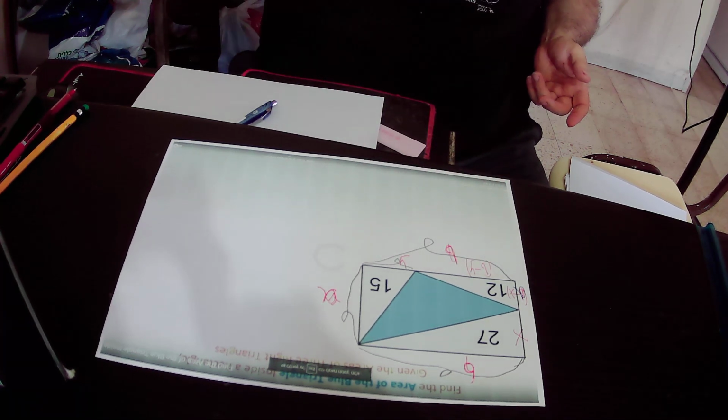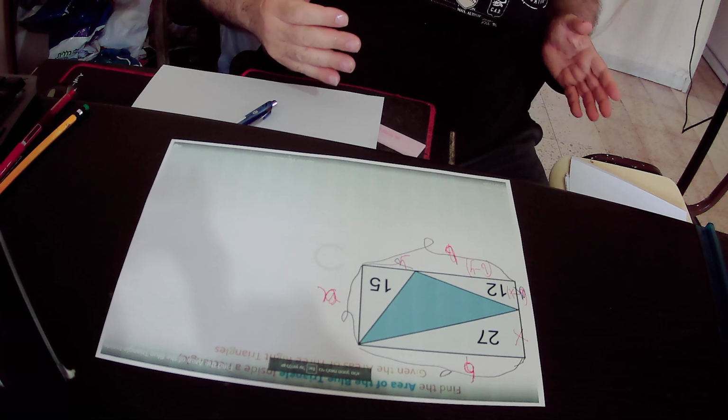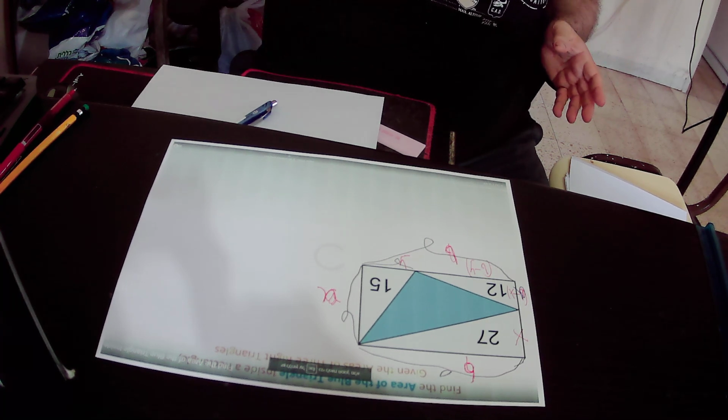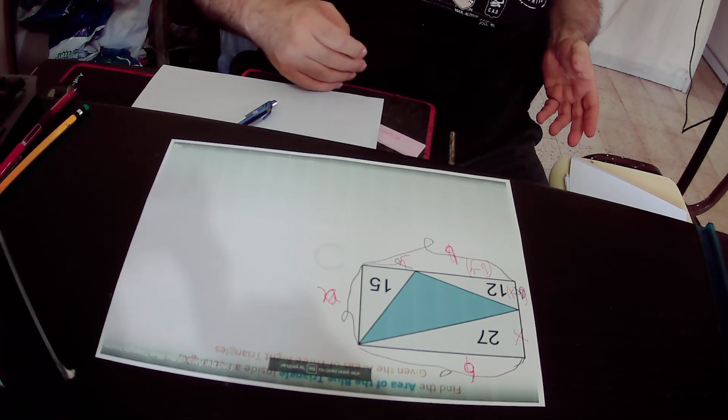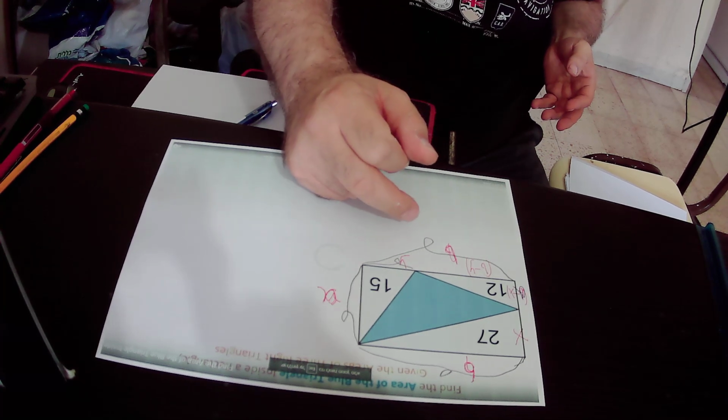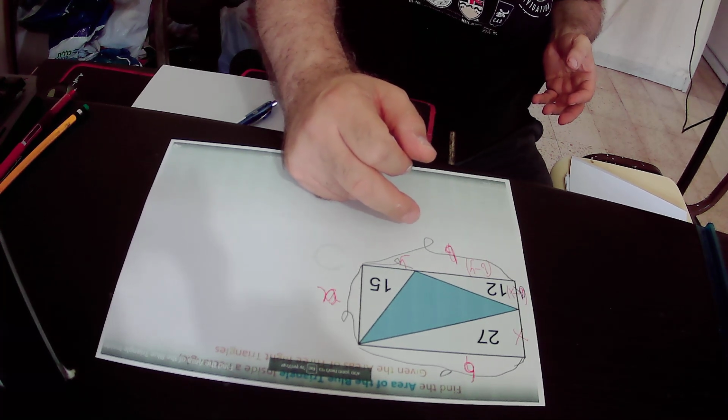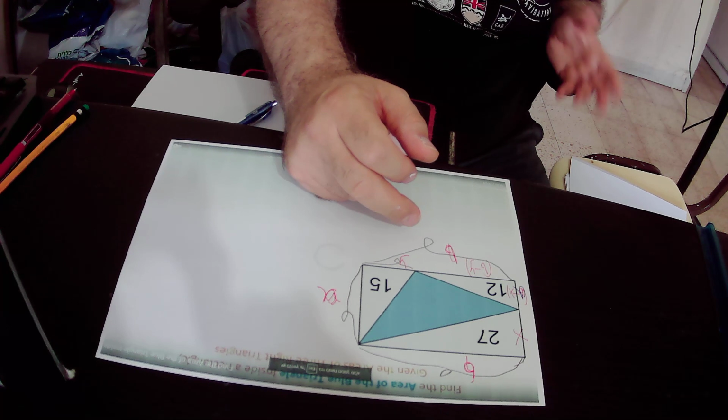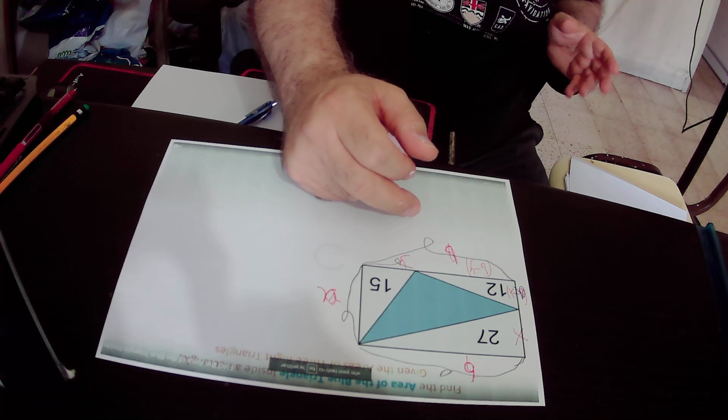And so we have three equations, and we took out x and y. We took y out of the first equation, and we took x out of the second equation.